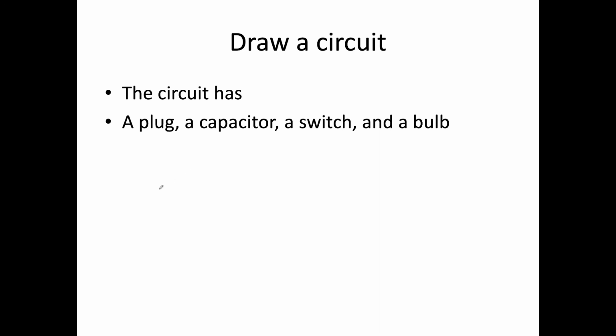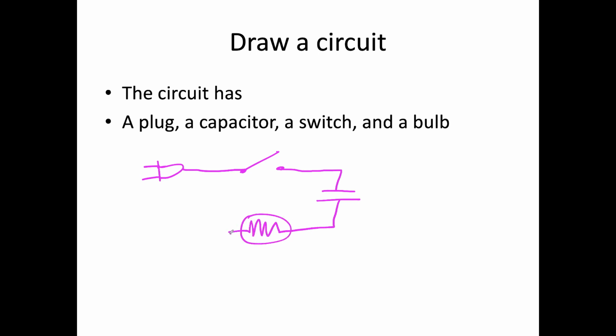And so we have another one. We're going to have a plug. So here's our plug. And we're going to have a switch. And connected to that switch is a capacitor. And then we're going to have a bulb. And it's going to come back to the switch, to the plug.